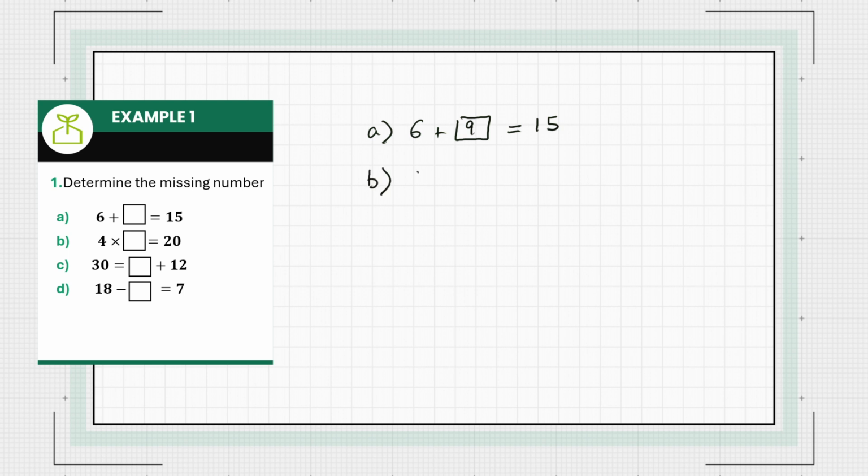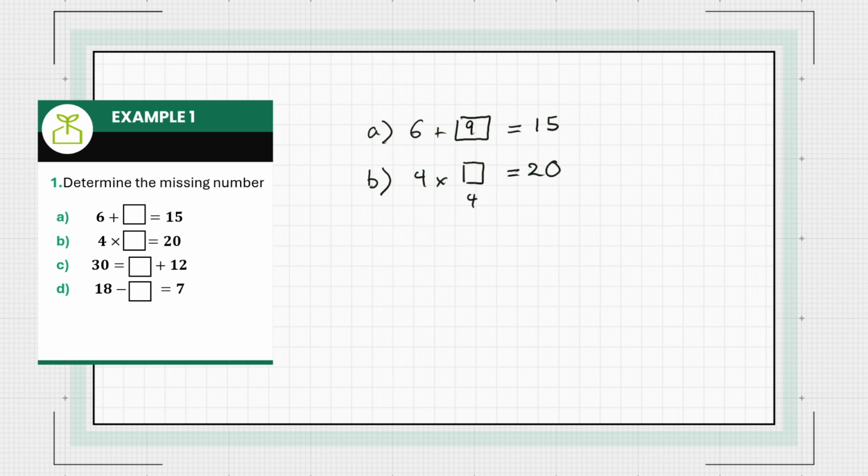Let's look at another one. We have 4 multiplied by something is equal to 20. So let's just pick a number. Say we don't know our times tables. Let's say it's 3. Well, 4 multiplied by 3 is equal to 12. It's too small, so it can't be 3. So let's undo that and look at another number.